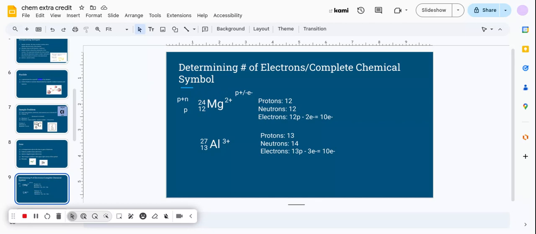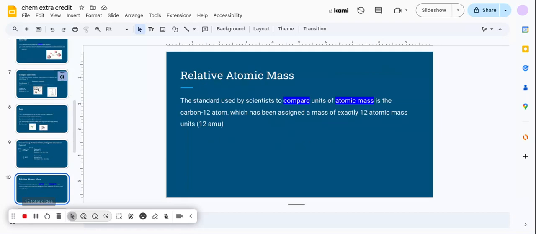And then for this one, since it's 2 plus, you're actually losing the electrons, so you would subtract 2, which gives you 10 electrons. And then for aluminum, it's the same thing. And once you do all the adding and subtracting, you end up getting 13 protons, 14 neutrons, and then you do 13 minus 3, which gives you 10 electrons, since it's 3 plus, but you would be losing the electrons.